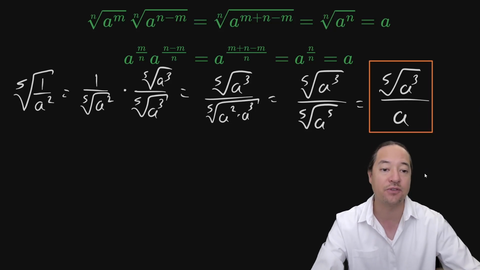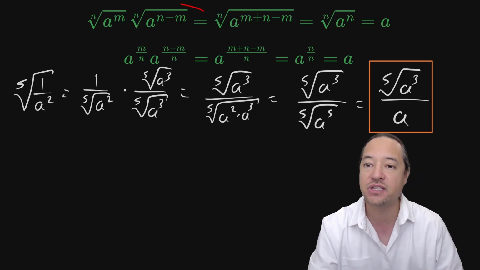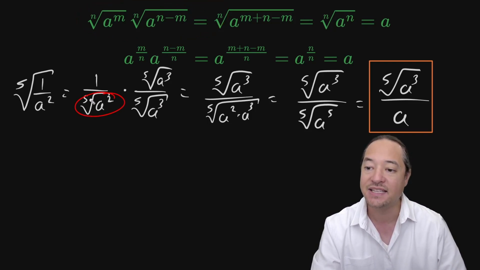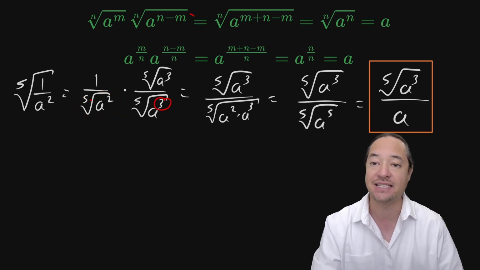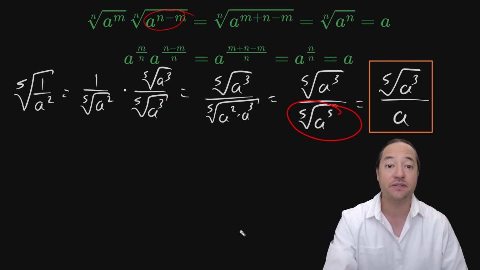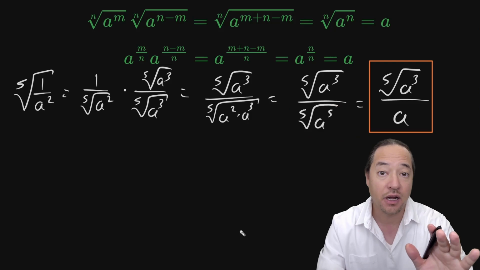Right, there you go. I've rationalized this expression, and essentially I've used this rule right here, right? So I am multiplying this 5th root of a squared by, in this case, n is 5, so 5 minus 2 is 3, right? This n minus m. So by doing that, I'm able to get the 5th root of a to the 5th power, okay? So that's using radicals.